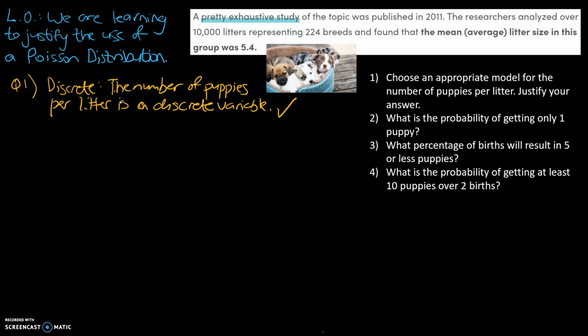The next one is that the variables must be independent, or each litter must be independent from one another. In our case, one litter of puppies is not going to impact the number of puppies born in the next litter. So that does suggest that it's independent.